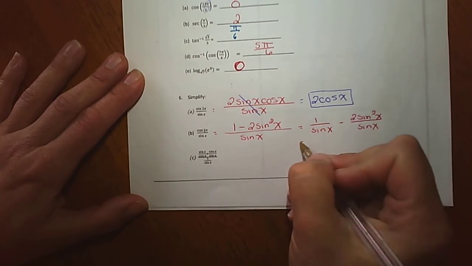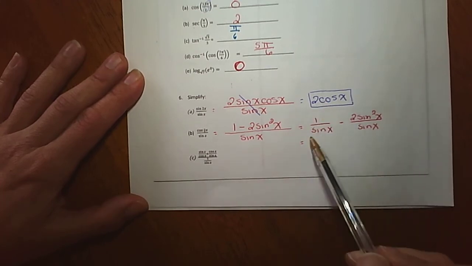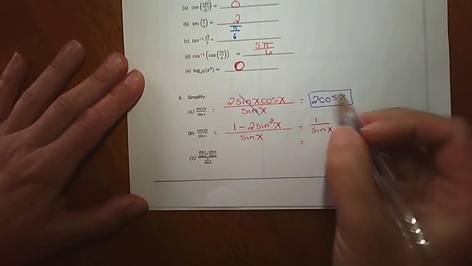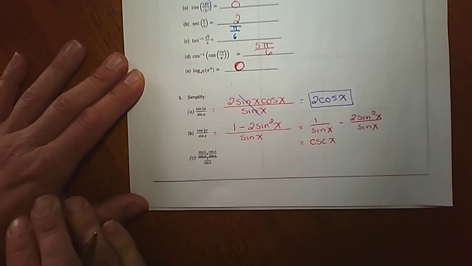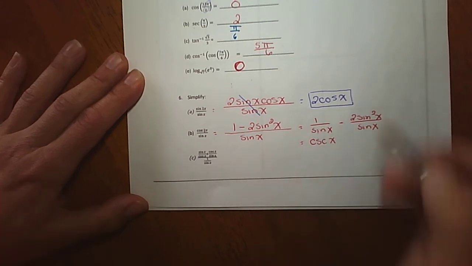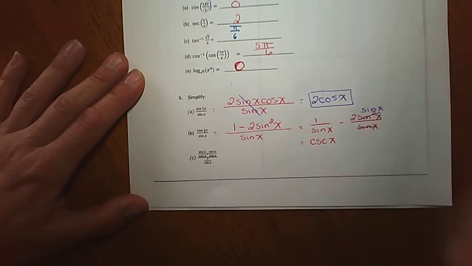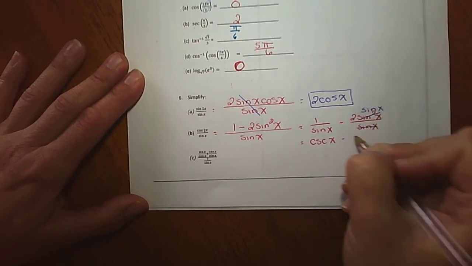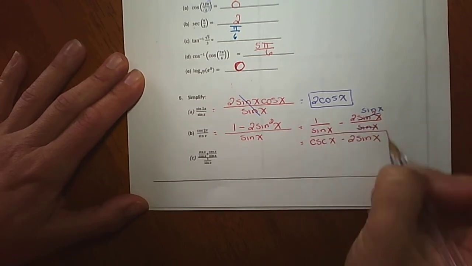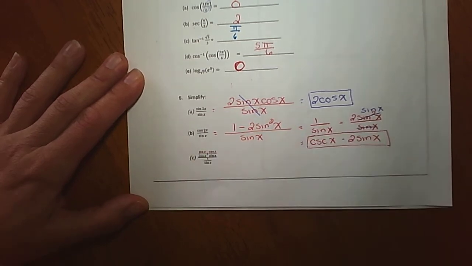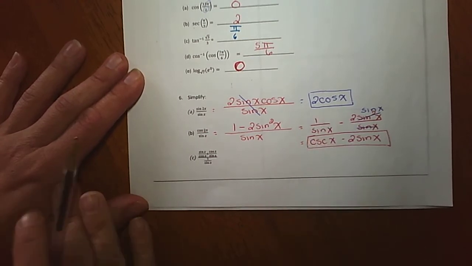Now, some of you on your answers left this as 1 over sine x, but 1 over sine x can actually be simplified to be cosecant x, so that was required for you to do. And then here, this sine will cancel with one of those, which would give me minus 2 sine x. So this is actually the best answer for 6B. And again, a lot of you are close, you just didn't clean this part up.